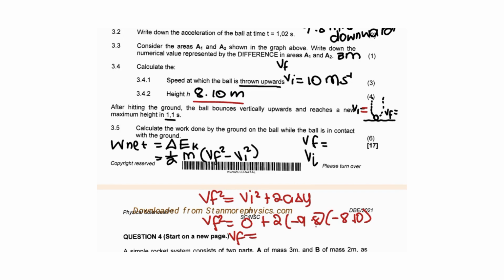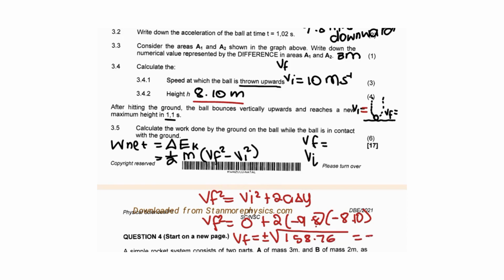So square root of 2 times negative 9.8 times negative 8.10. That gives me 12.6 meters per second. Remember, it's plus or minus because I've square rooted. So Vf is plus or minus the square root of 158.76.